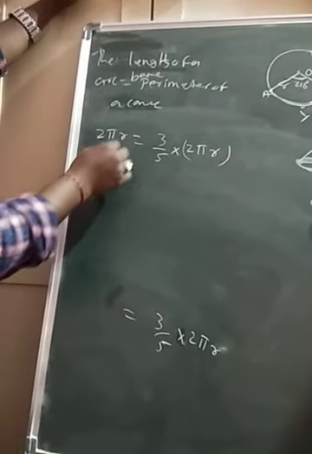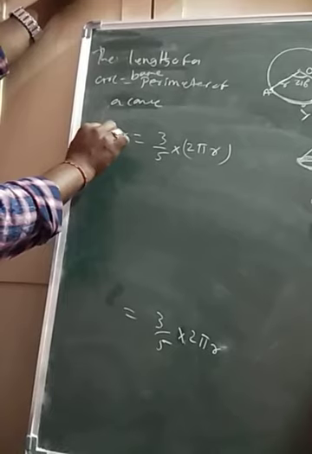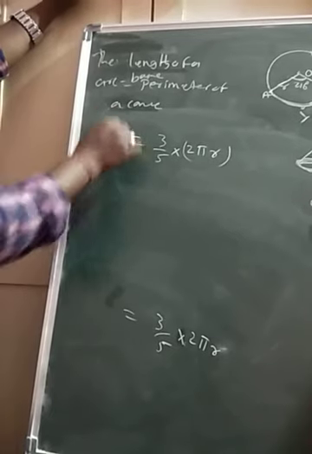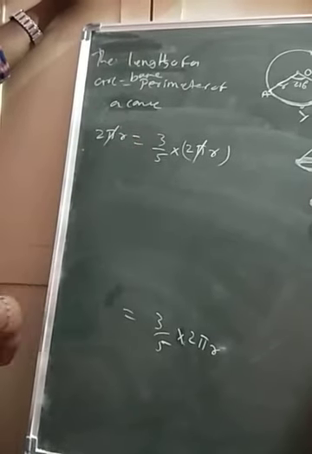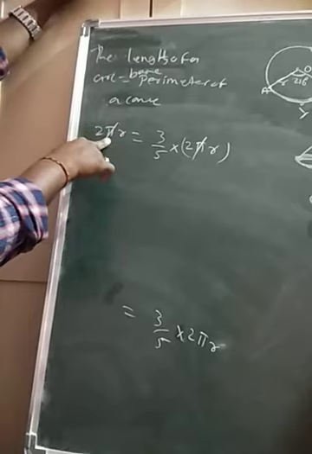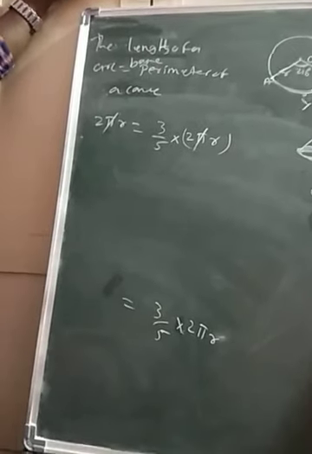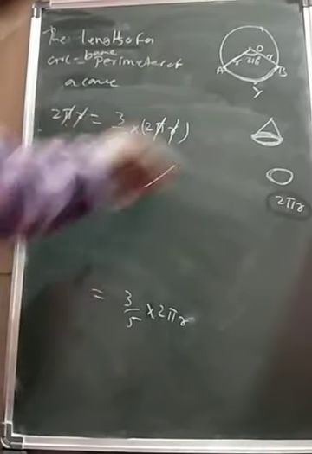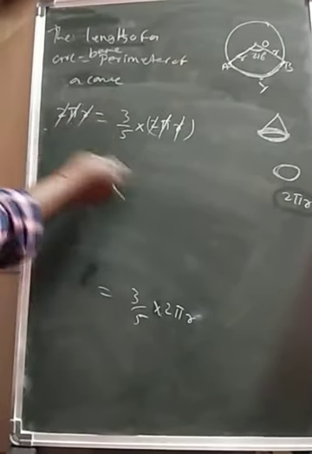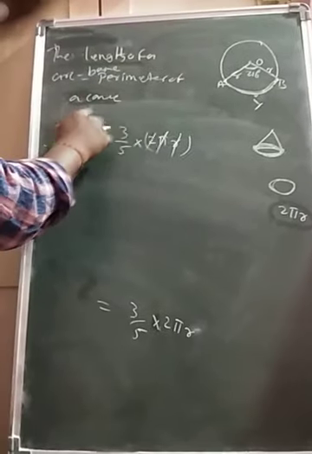pi cancel. Because pi is equal to 22 by 7, here also pi is equal to 22 by 7, cancel. R cancel. 2 cancel. Simply the length of the arc or the base perimeter of the cone is equal to what?